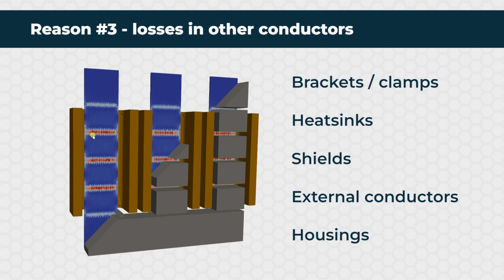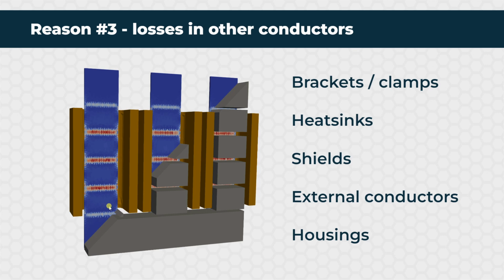What is interesting in this particular case is that if you apply such brackets or clamps on a gapped inductor and place those metallic pieces between the coil and core, and the frequency is high enough, you get very high losses near those gaps due to fringe flux.